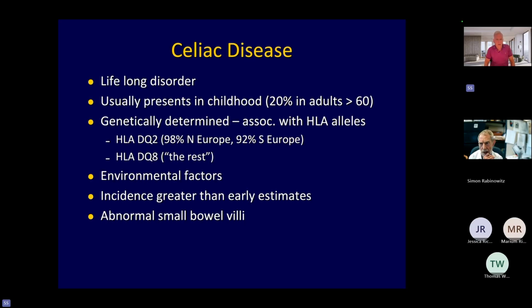So the HLA subtypes that are associated with celiac disease are HLA-DQ2, which is basically 98% of the patients that we would see, and HLA-DQ8.